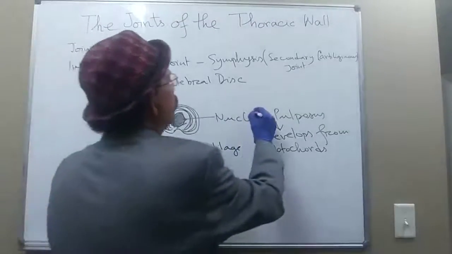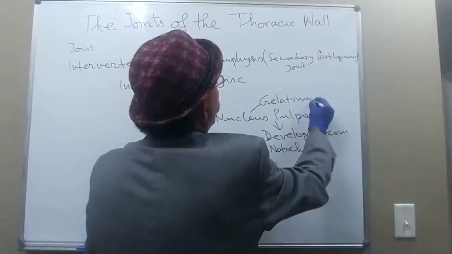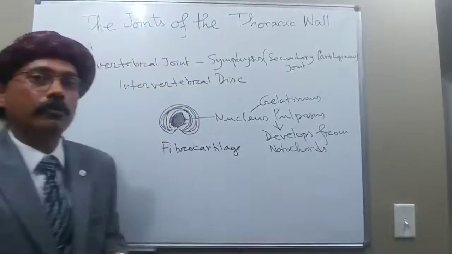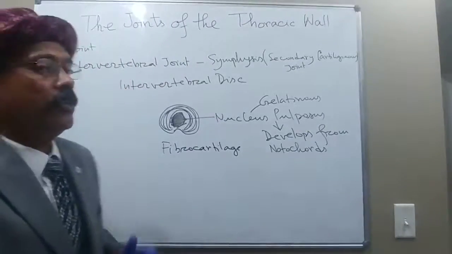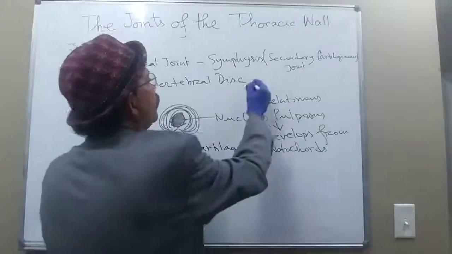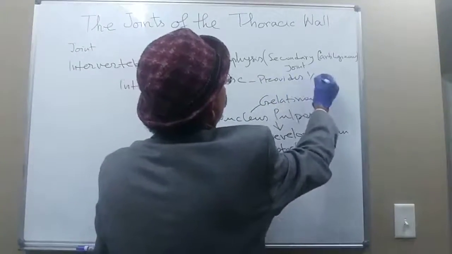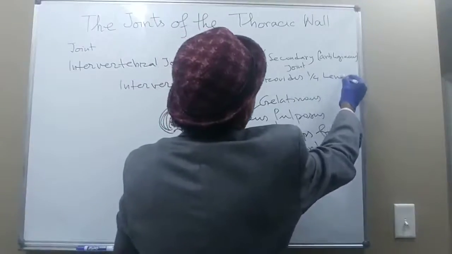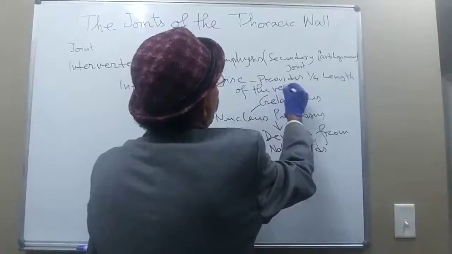It is gelatinous. It is mostly for shock absorbing purposes. Okay, you must remember this about the intervertebral disc: it provides one-quarter of the length of the vertebral column.